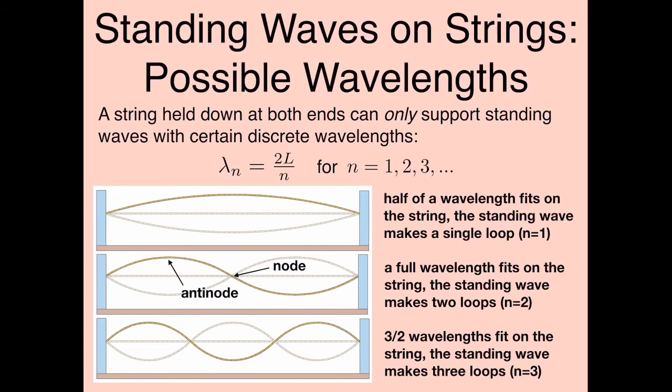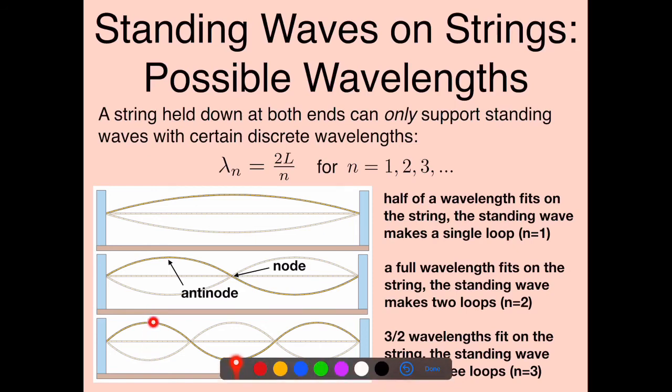If n is equal to 3, then lambda is equal to 2/3 L, or L is equal to 3/2 times lambda. So you're fitting 3/2 of a wavelength onto the string when you set n equal to 3. You're going to have one full wavelength here, and then half of a wavelength, and that's what fits on the string. So now you have three loops.